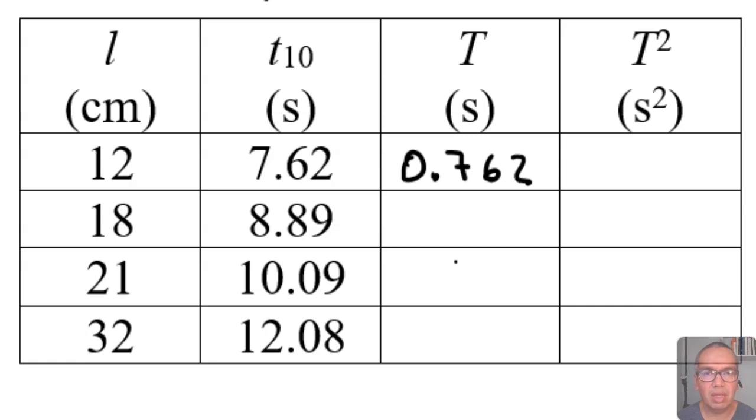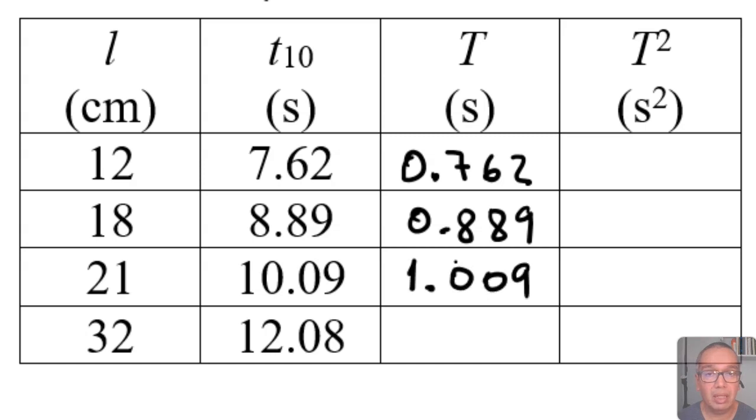And so the period here is 0.762, 0.889. Now, if you want to conserve the significant figures, this is 1.009. The other one is 1.208. Now, you do need a calculator to get the square of the period.